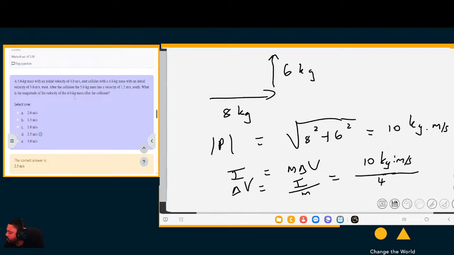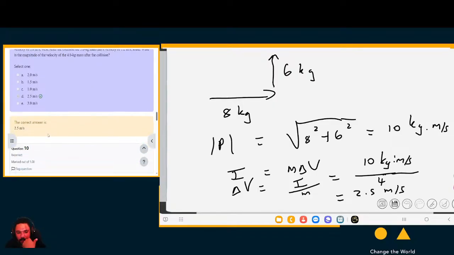So the momentum over mass is equal to 2.5, which is the change in velocity. However, this block is starting from a collision, which means its initial velocity was 0. So its final velocity is 2.5 meters per second.